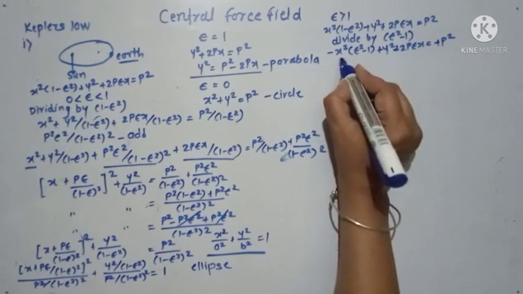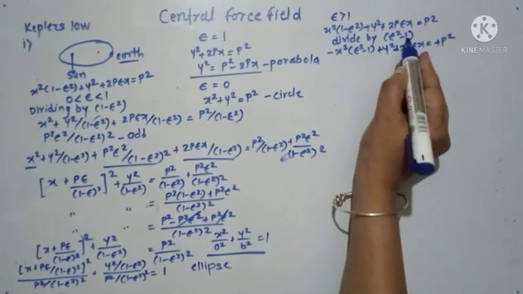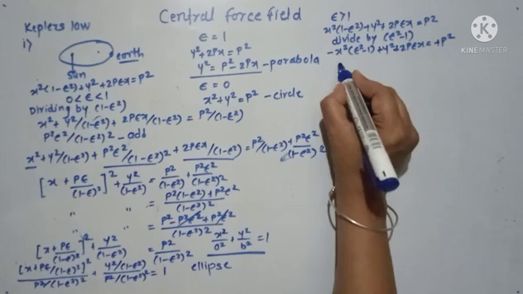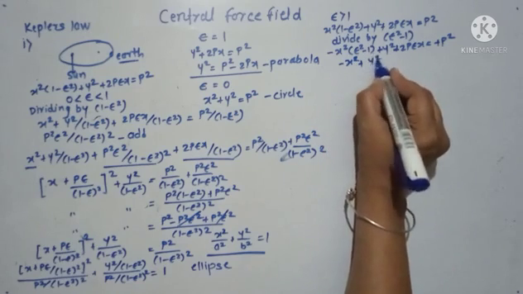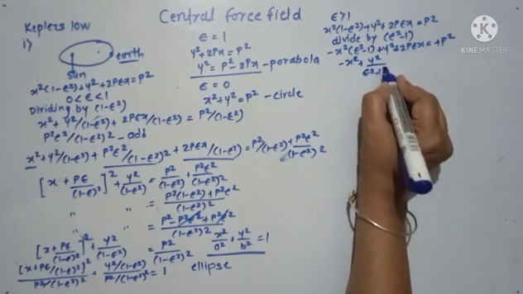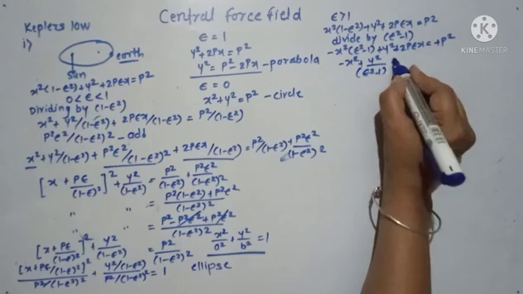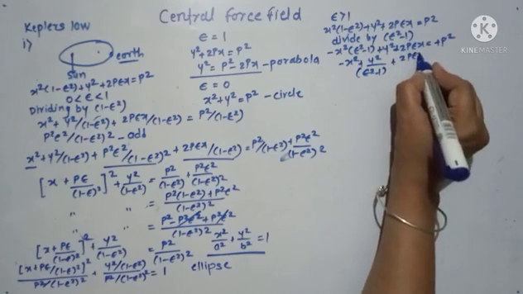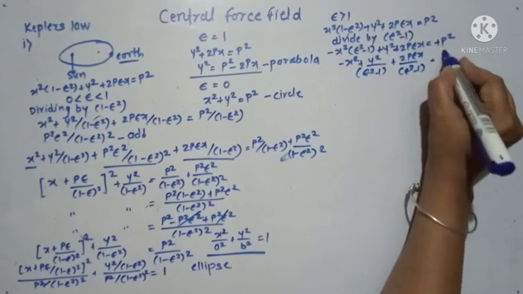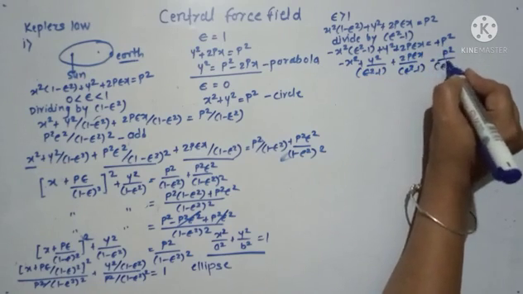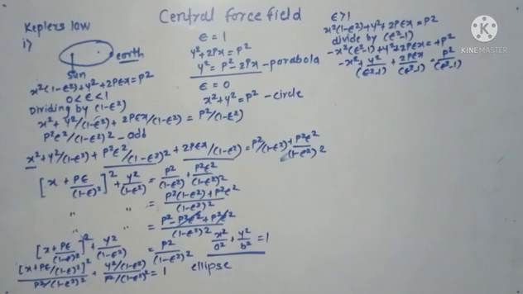Dividing by epsilon squared minus 1, I get x squared plus y squared upon (epsilon squared minus 1) plus 2p epsilon x upon (epsilon squared minus 1) equals p squared upon (epsilon squared minus 1).